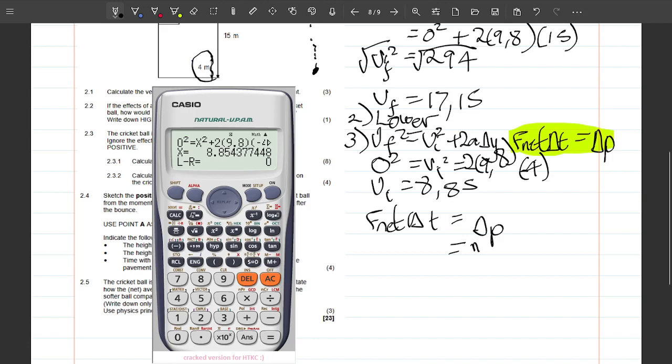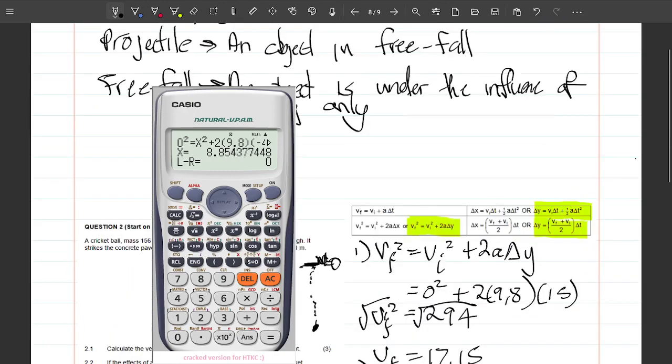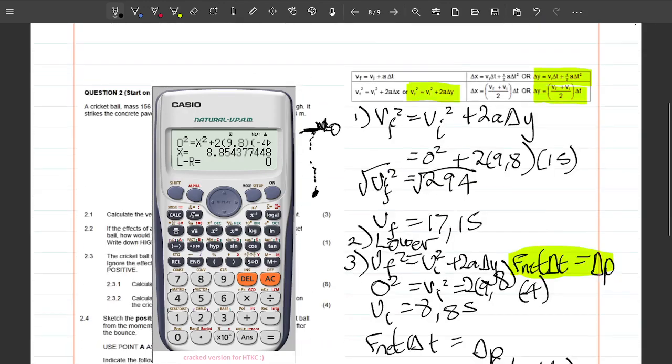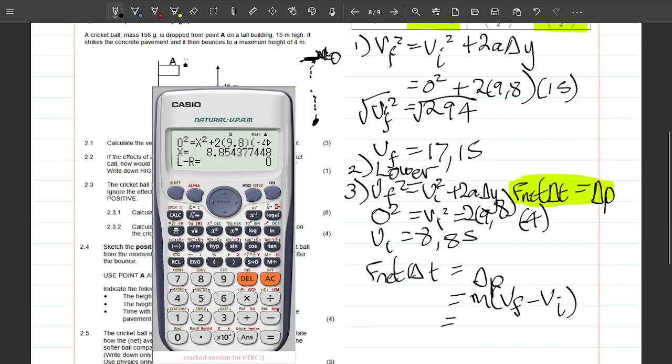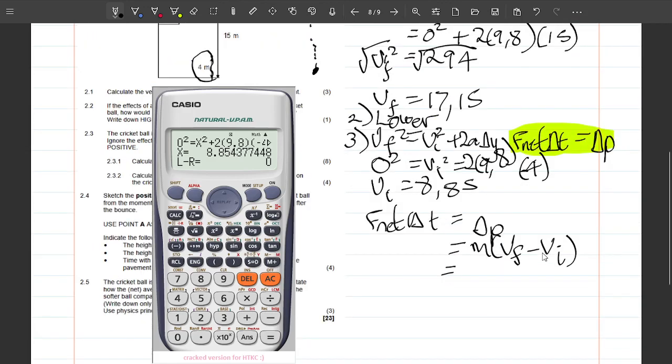Then here all I have is m, multiplied by vf minus vi, just to simplify things. The mass of this ball is said to be 156 grams. The problem there is it's not in kilograms, so I have to change it to kilograms. And 156 grams in kilograms is just 0.156.